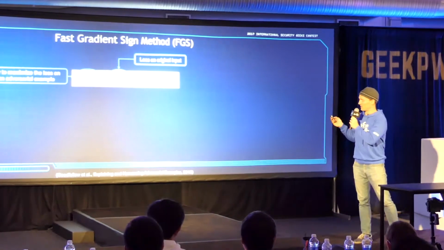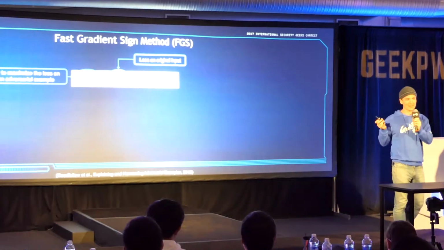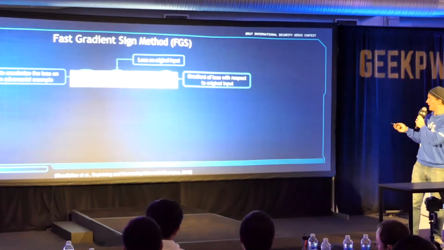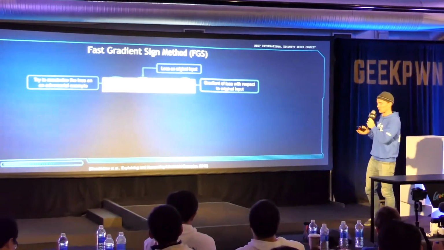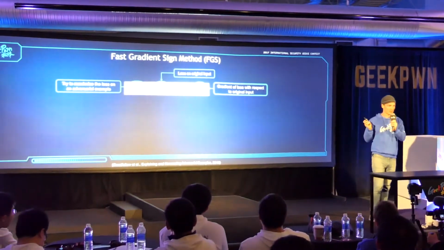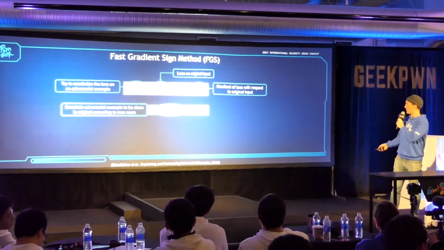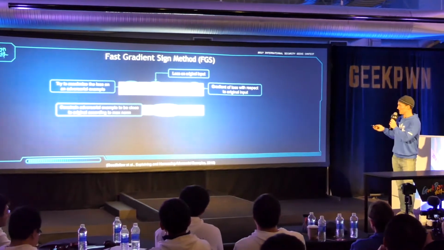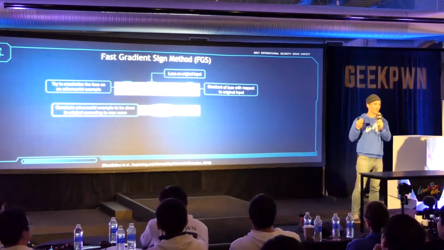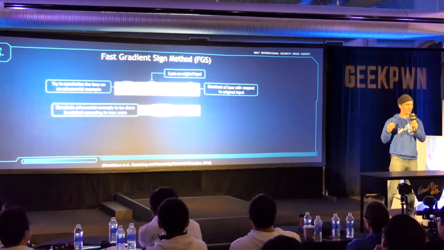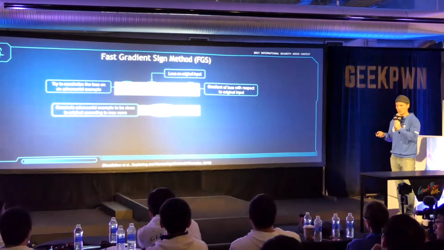That loss is going to be approximately the loss on the original input plus the gradient of the loss with respect to the original input times the change. Additionally, we need to constrain the example to be close to the original example. Otherwise, maybe you changed it to misclassify, but it doesn't look like the original image at all.